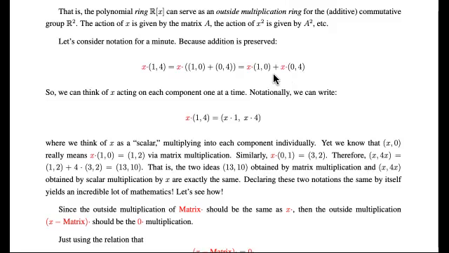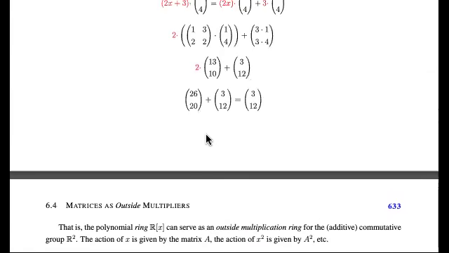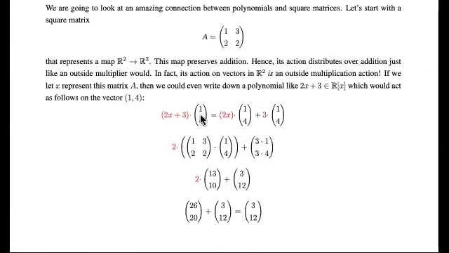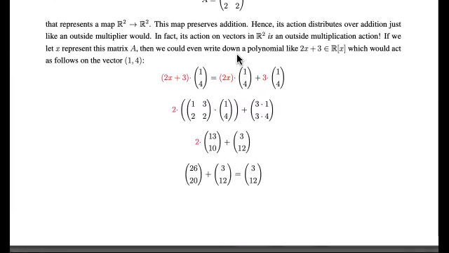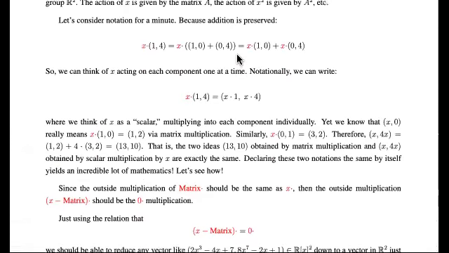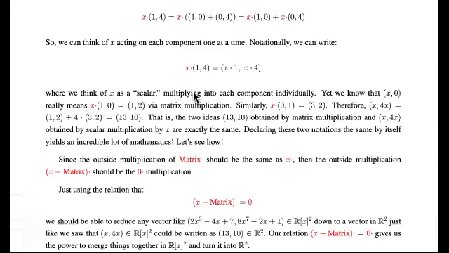So using this idea and remembering what the matrix is, let's review. The matrix is right here: 1, 2, 3, 4. A times (1, 0) is just going to be the first column, and (0, 1) is going to be the second column, (3, 4). Let's see how that comes into this computation here.